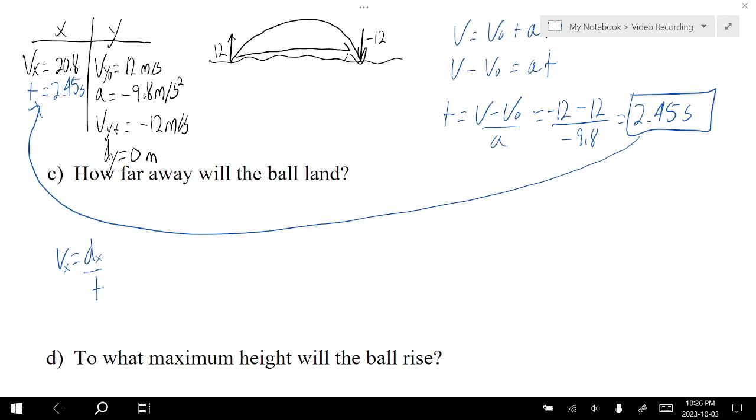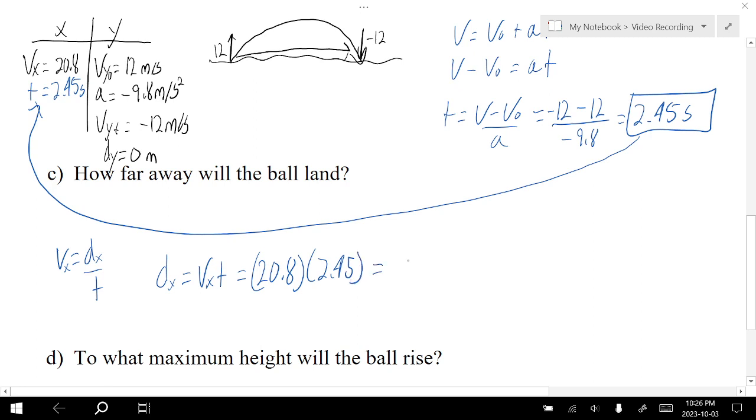In this case, I've added an x because I have my x velocity and my x displacement. I multiply both sides by t, leaving me with dx equals vx t equals 20.8 multiplied by 2.45 seconds, giving me a displacement of 51 meters.